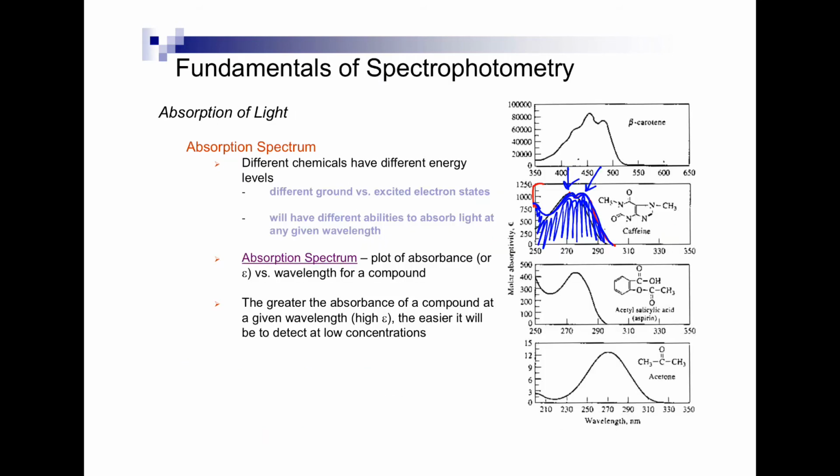So now we're back to the slides that I skipped ahead to, and we have a bunch of absorption spectrums here. What these absorption spectrums are really telling us is what wavelengths those compounds are most sensitive to. Where is the transmittance the lowest and the absorbance the highest?